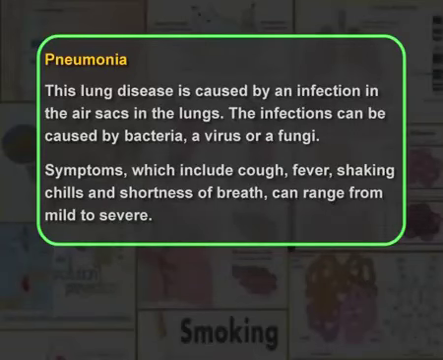Then another disease is pneumonia. This lung disease is caused by an infection in the air sacs in the lungs. The infection can be caused by bacteria, virus or fungi. Symptoms, which include cough, fever, shaking, chills and shortness of breath, can range from mild to severe.